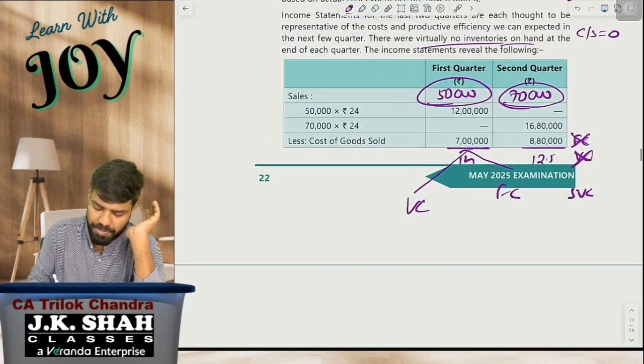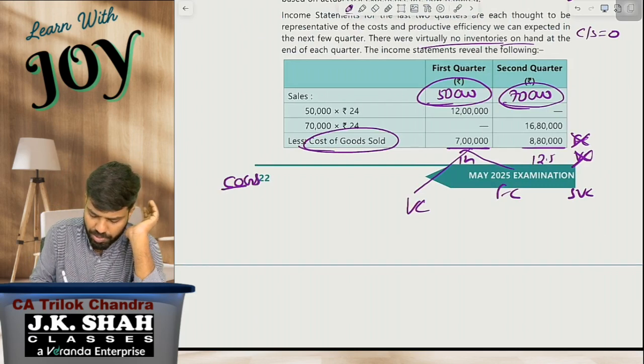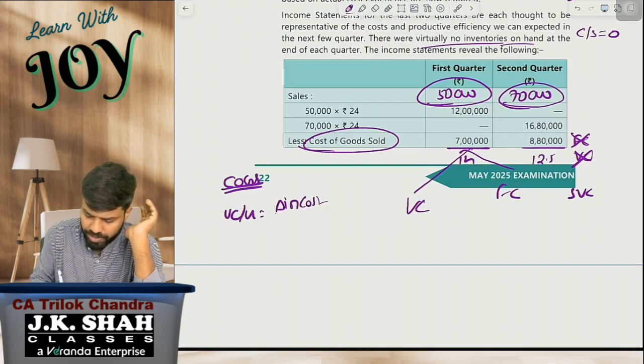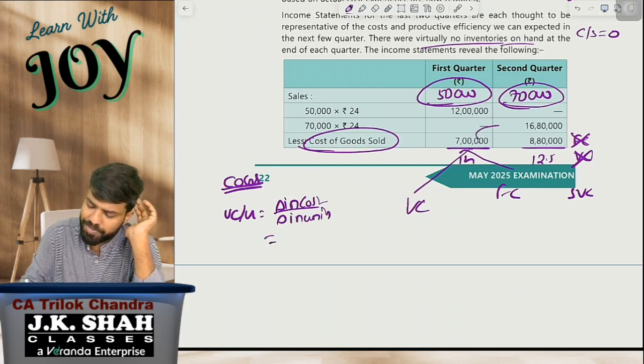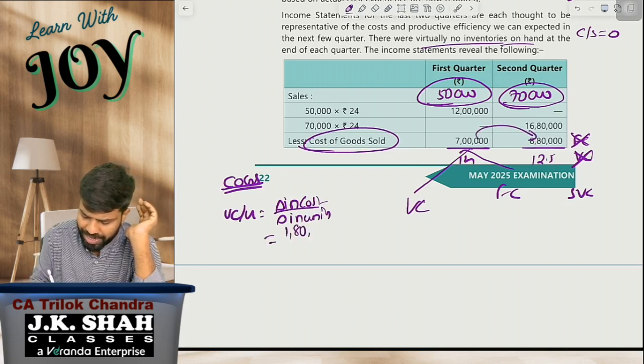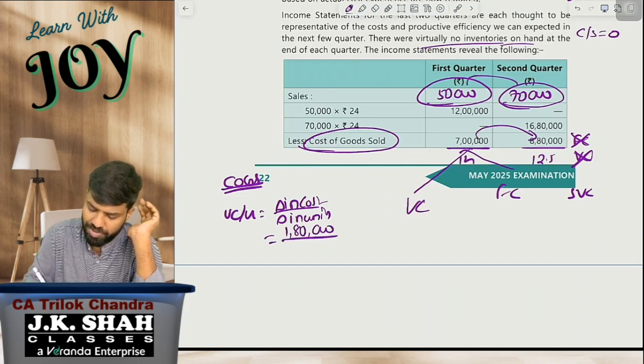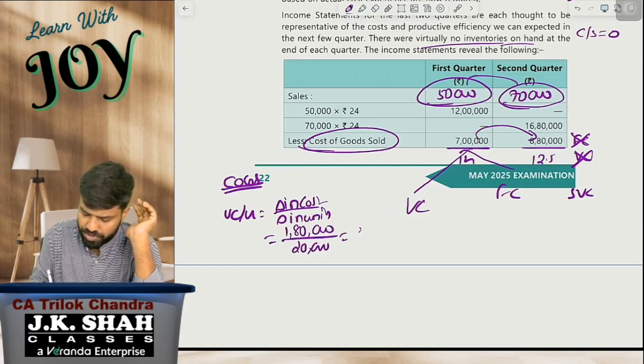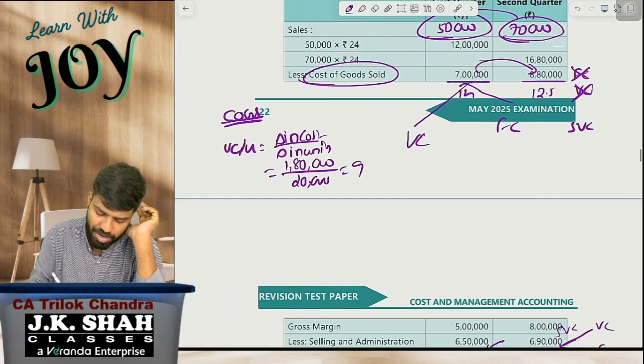Look into this. Let me discuss cost of goods sold. Variable cost per unit equals change in cost divided by change in units. Change in cost is 7 lakhs becoming 8 lakh 80,000. So 1 lakh 80,000 is the change in cost, divided by change in units 20,000, which equals 9 rupees. That is the variable cost of goods sold.